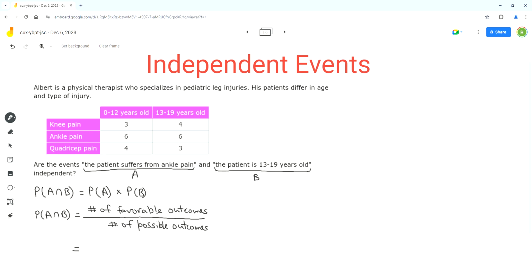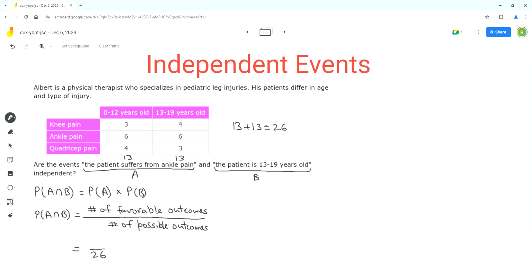So in the first column the sum is 3 plus 6 plus 4, which is equal to 13, and the sum of the second column is 4 plus 6 plus 3, which is also 13. So the total number of patients that Albert has is 26. So if a patient is selected, there are 26 possible outcomes.